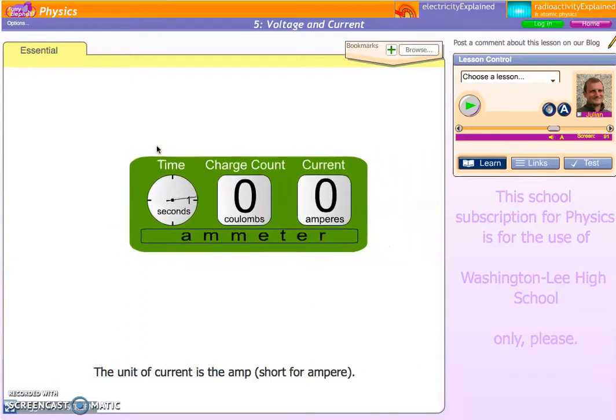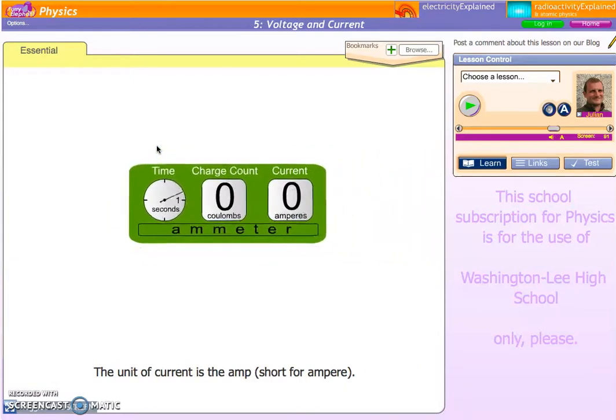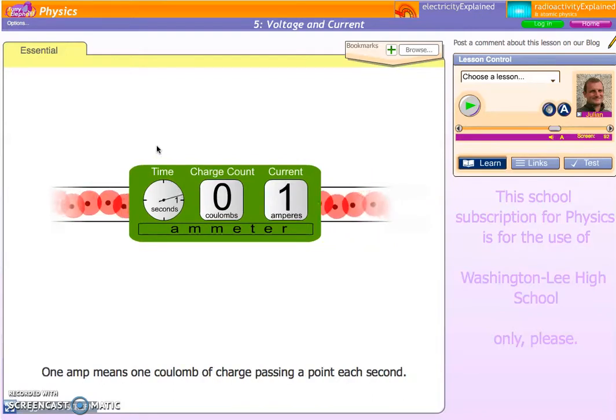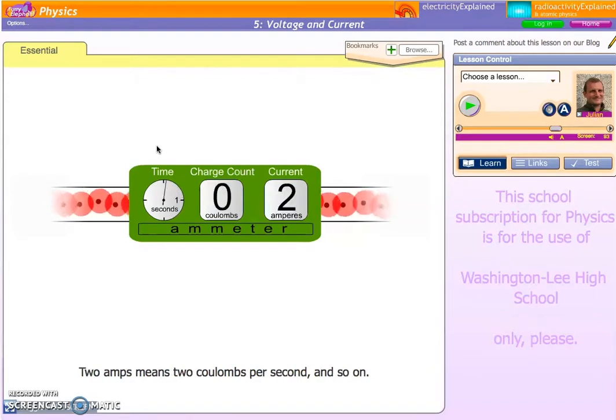The unit of current is the amp, short for ampere. 1 amp means 1 coulomb of charge passing a point each second. 2 amps means 2 coulombs per second, and so on.